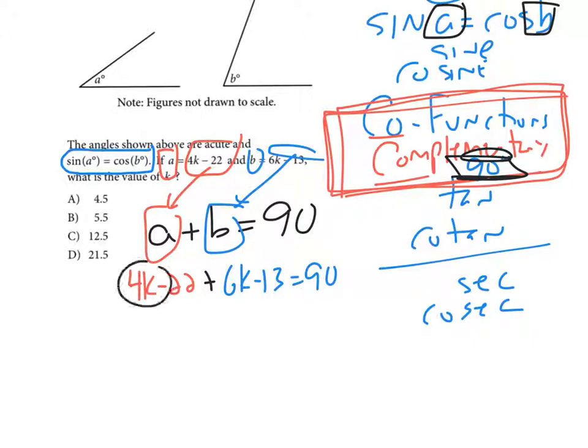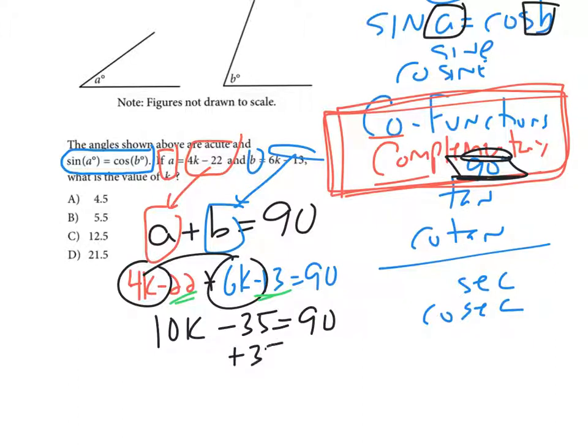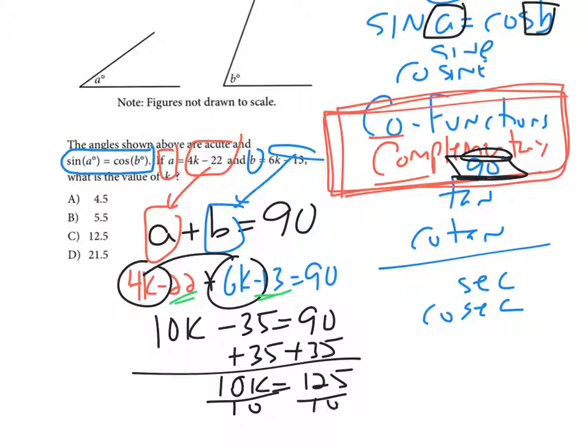So I have 4k and 6k gives me a 10k, negative 22 and negative 13 is negative 35. And here, if I solve this equation for k, I'll add 35 to both sides. I have 10k equals 125, or when I divide both sides by 10, k is equal to 12.5, or answer choice C.